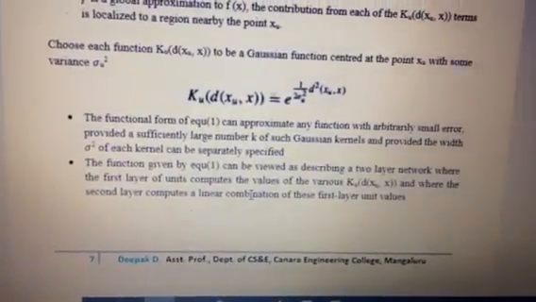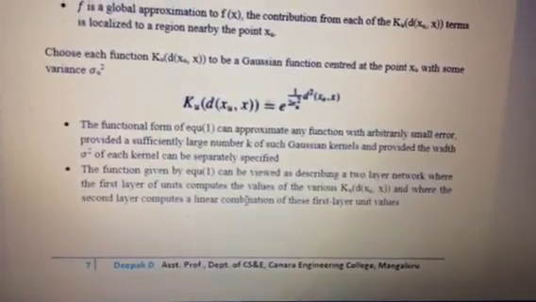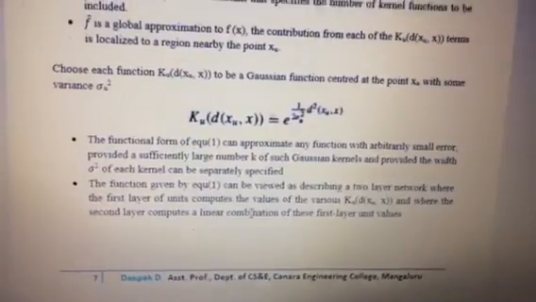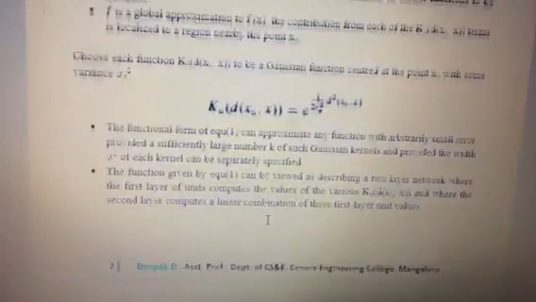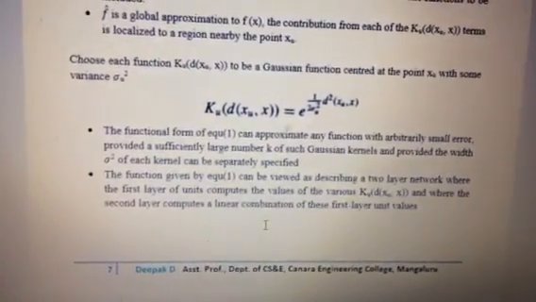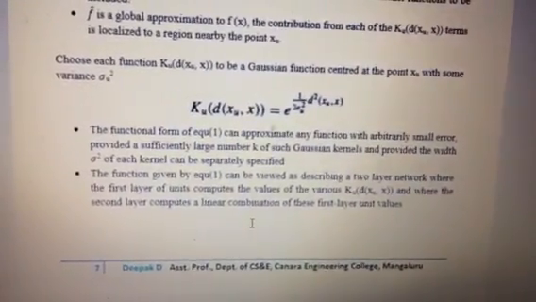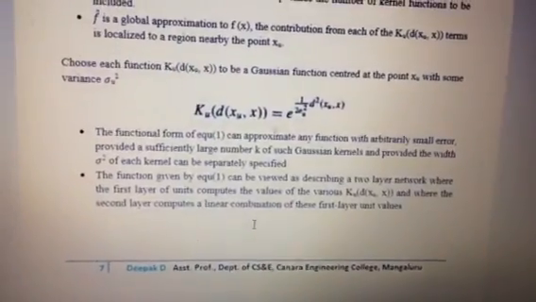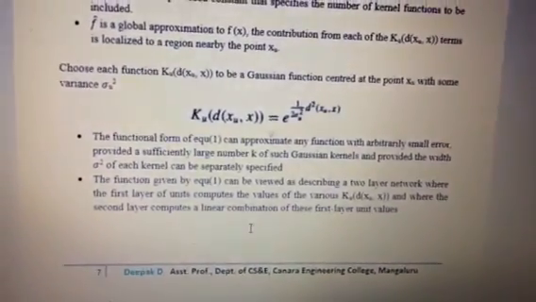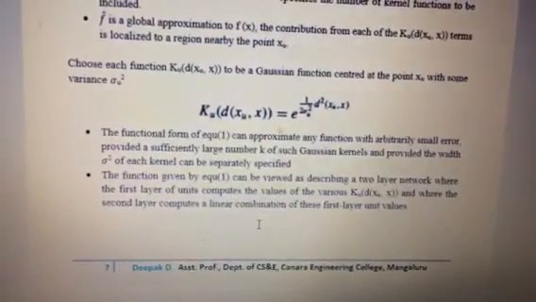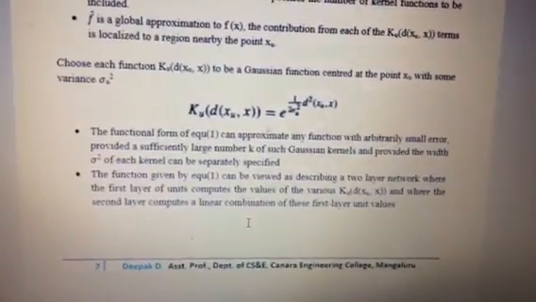The function given in the equation can be viewed as describing two layers. So yes, it is indicated in the form of two layers, where the first layer is going to compute the value of the various Ku, that is d of xu comma x, and the second layer is going to perform the linear combination of the first layer.